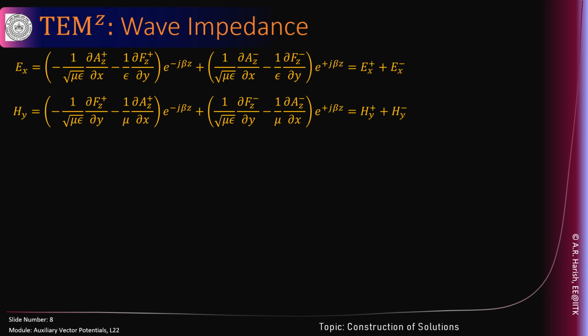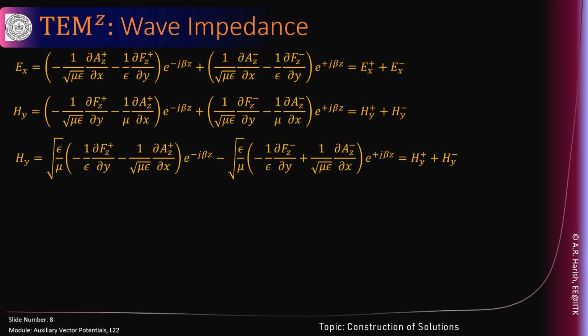Now we have an equation for Ex and another equation for Hy. The question that comes to our mind is, are these connected in any fashion or are they independent? Let's look at Hy a little closely. If I take out square root of epsilon by mu common out of this first term here, I'm left with a quantity which looks like this.